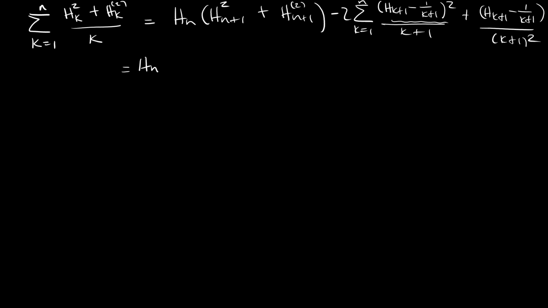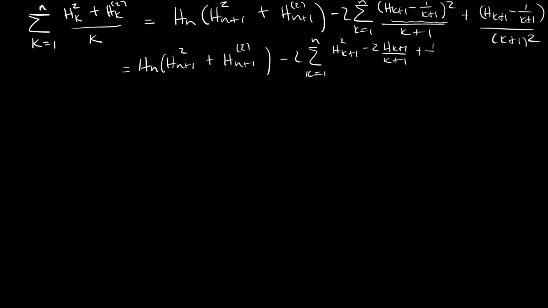So we have harmonic of n plus 1 squared plus 1 squared minus 2 times, for k plus 1 squared, 2 harmonic k plus 1 over k plus 1, plus 1 over k plus 1 squared all over k plus 1, plus 1 over k plus 1 squared minus 1 over k plus 1 cubed.